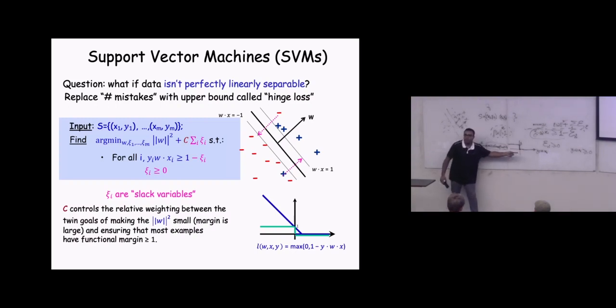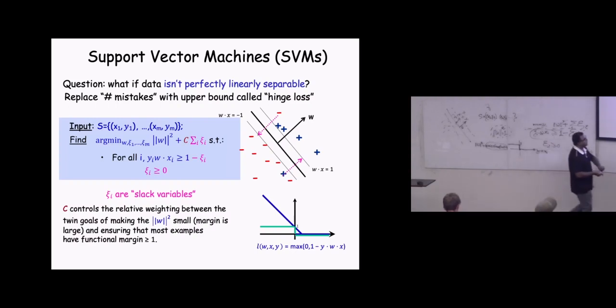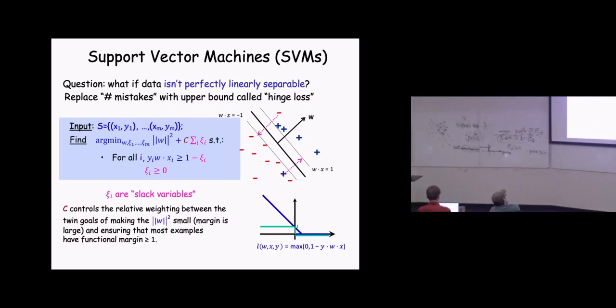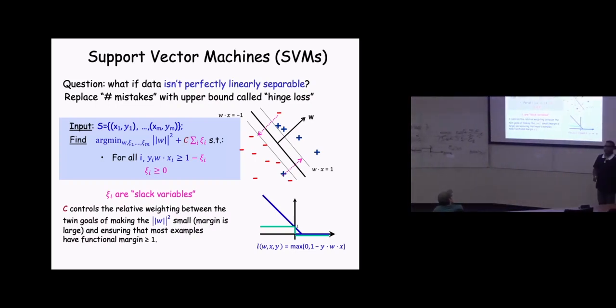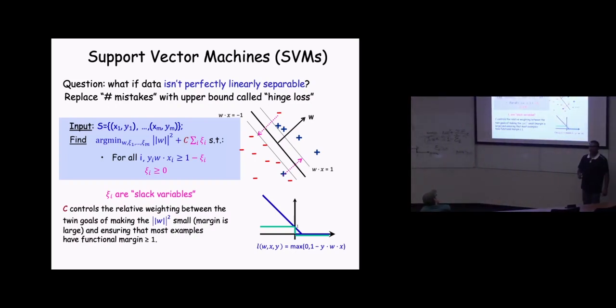It's not continuous. And that's why we introduce those slack variables, which is more like a gradual thing, right? So we have replaced this 0-1 loss function with this kind of loss function, which is at least continuous. It is still not differentiable here, but at least continuous. This one was not even continuous, right?